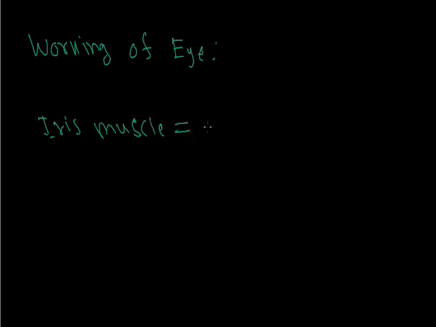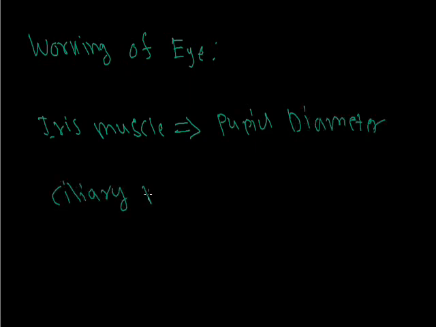Now we discuss the working of the eye. We discuss the iris muscles and ciliary body muscles. The iris muscle controls the pupil diameter and the ciliary muscle controls the lens focal length.